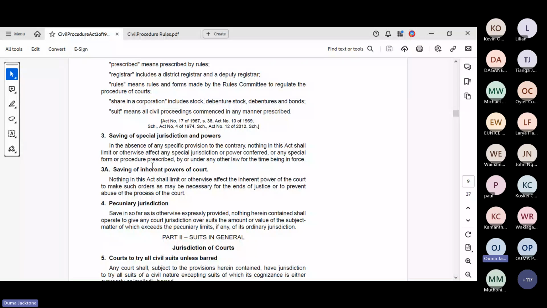Okay, for us to ensure justice, let me give an example. The overriding objective says that you need to ensure justice as you handle civil matters presented before you. Now, in a case whereby the defendant has failed to file the defense because they were sick, ordinarily you're not supposed to entertain that.